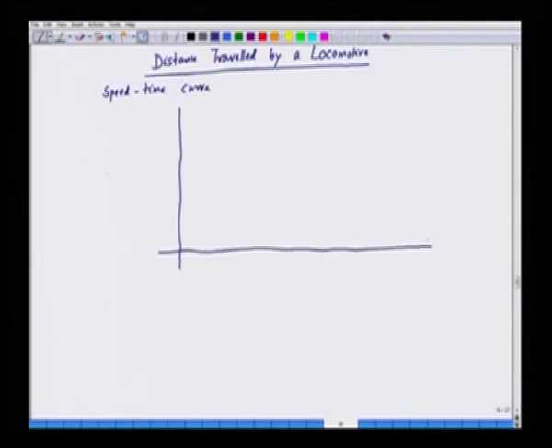Here we have the speed in the y axis and time t in the x axis. We go through this region, constant acceleration or constant torque, then constant power, then we have the free running period, then we have the coasting, and then braking.